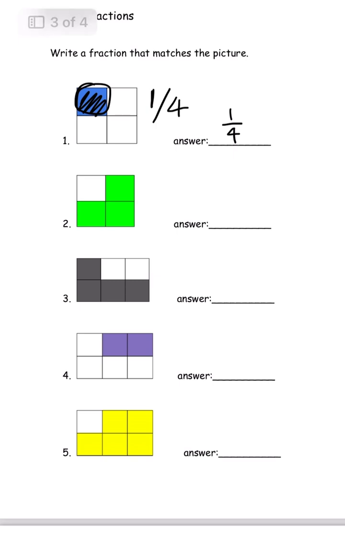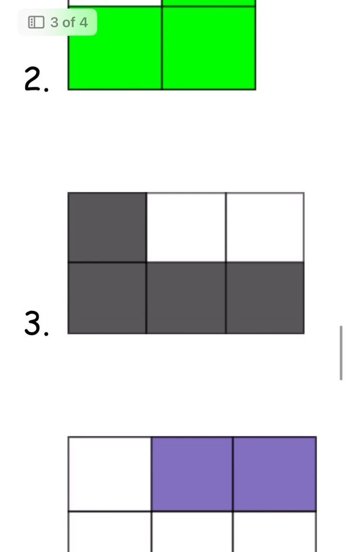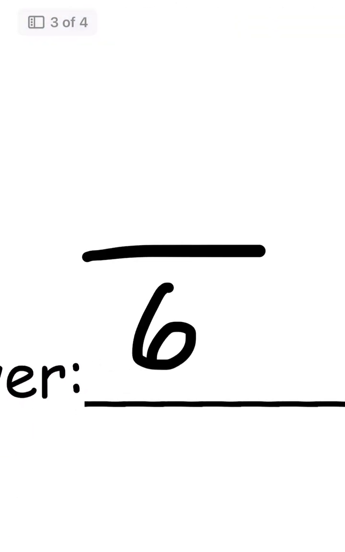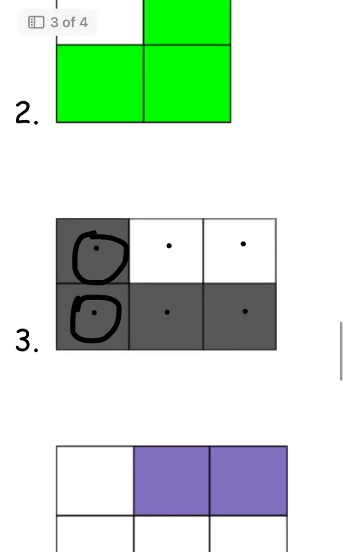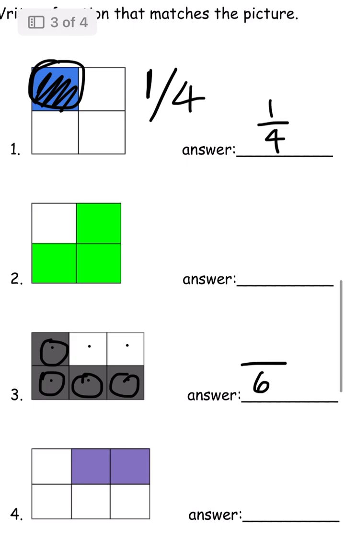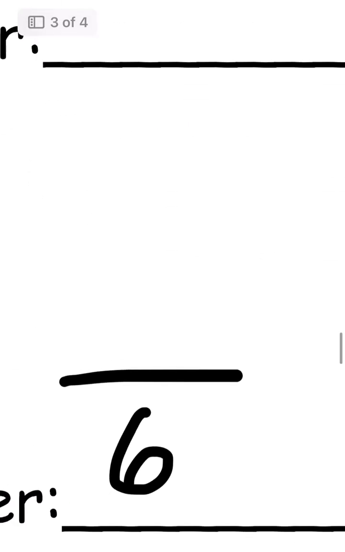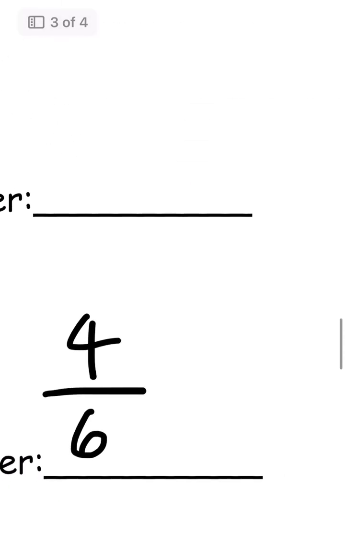Okay, then let's try another one. Let's try number 3 then. So for number 3, there are 1, 2, 3, 4, 5, and 6 boxes, right? So it's going to be out of 6. And then 1, 2, 3, and 4 boxes are shaded in, which means that 4 is going to be the numerator. So 4 over 6 is the answer.